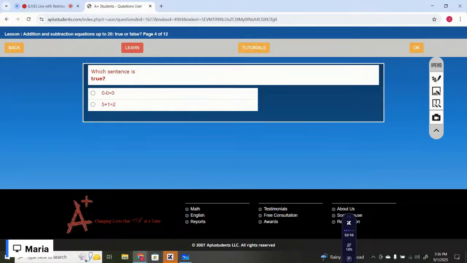Which sentence is true? That is 0 minus 0 is 0. Option number 1 is the correct option.